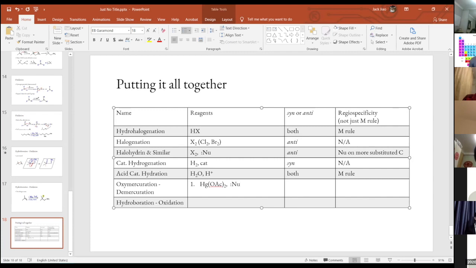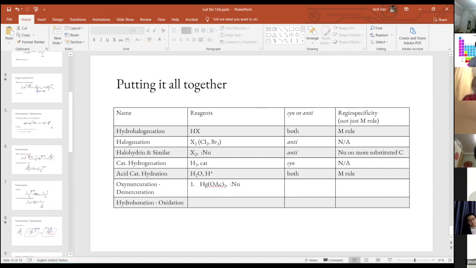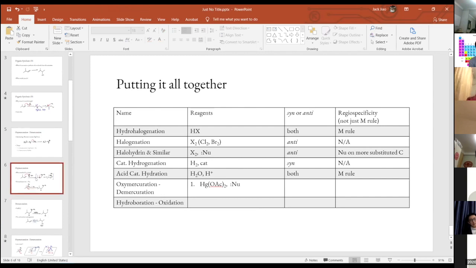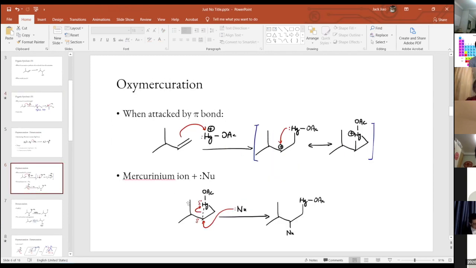Because we want to stop at the mercurinium step, remember the ring. Yeah, all of this is involved in oxymercuration. I see. You're right.